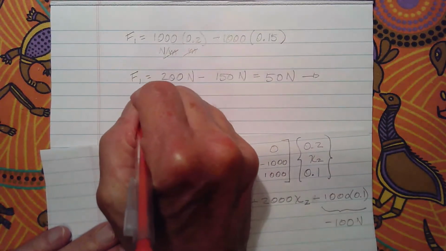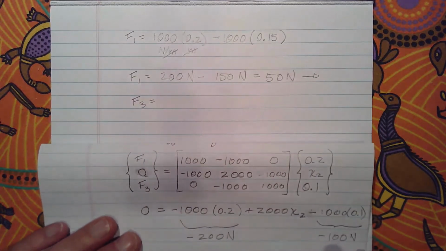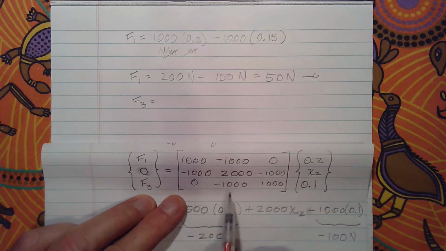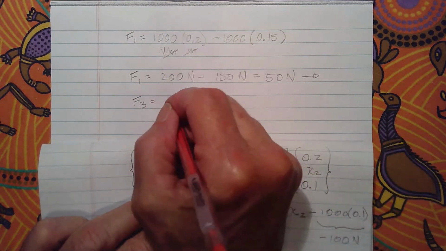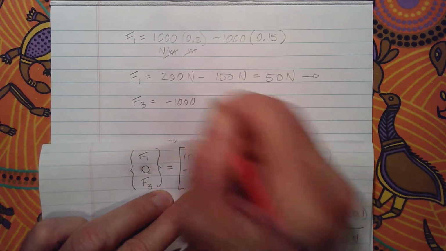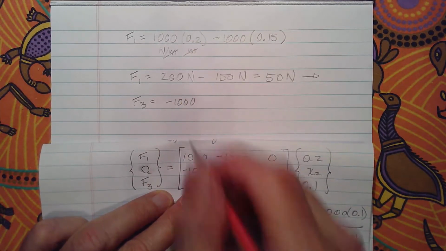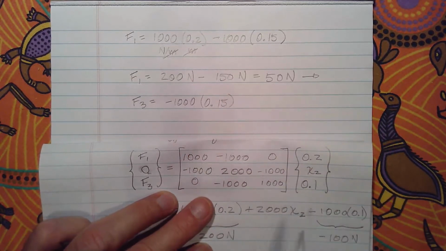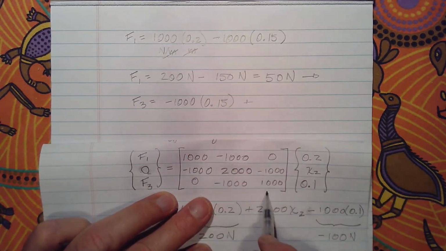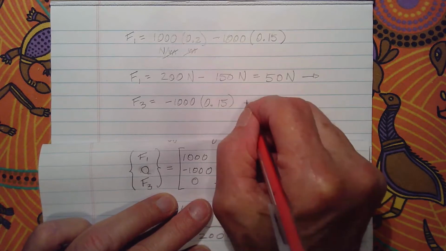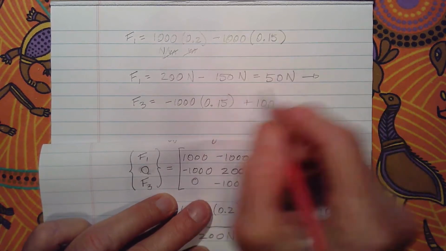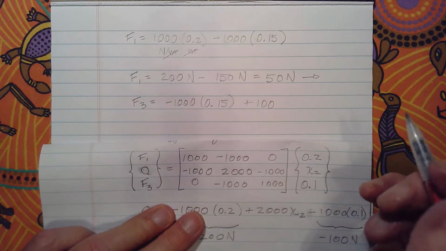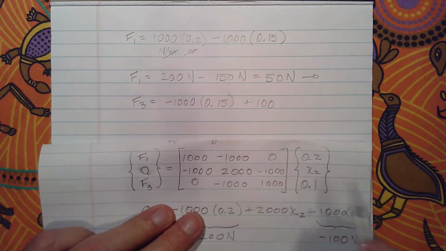F3 is equal to, all right, 0 multiplies the 0.2. We have negative 1,000 times x2, which is 0.15, and then plus 1,000 times 0.1, plus 100, okay? Because 1,000 times 0.1 is 100.